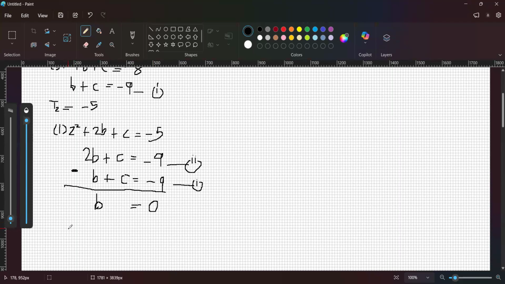I think we can equally find C. Now the good thing about C is that we can find it from either equation 2 or equation 1, any one that you wish. Equation 1 lends itself as the simplest to find C with. So let's just use it. So in equation 1, we'll just put 0 for B, plus C equals minus 9.